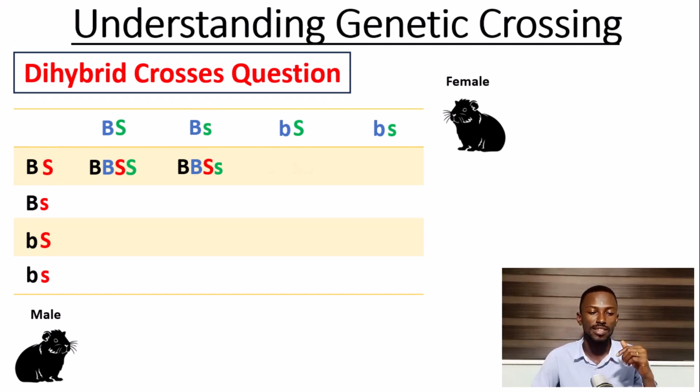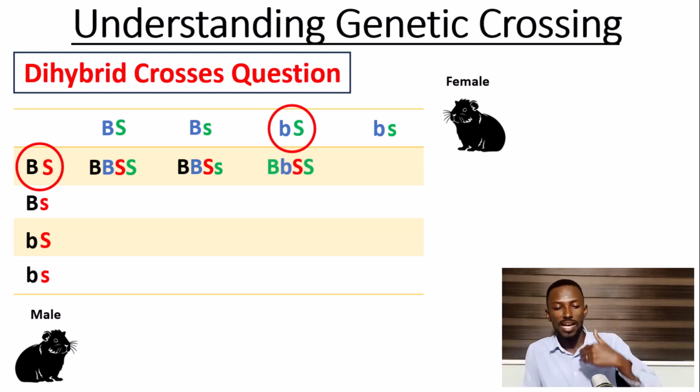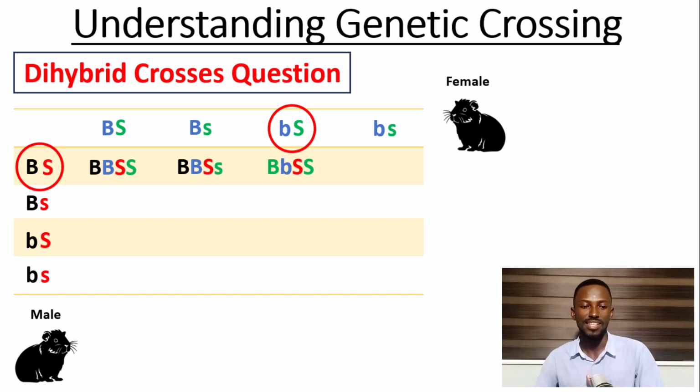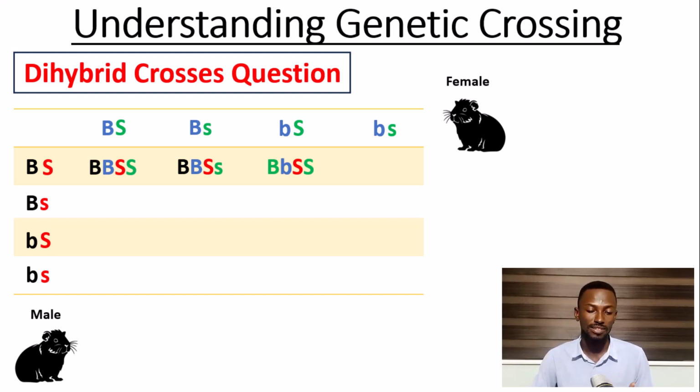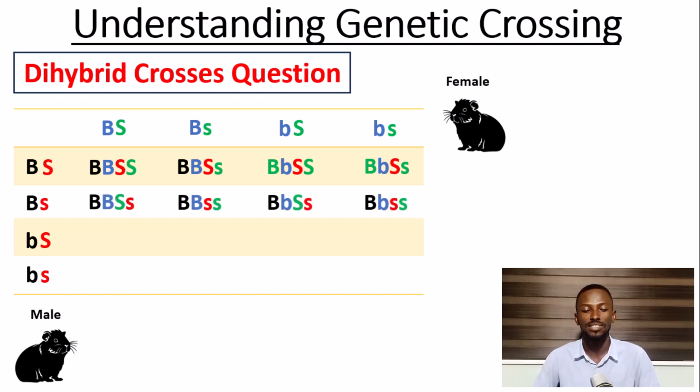When you move to the next, it can be capital B, small b: the male contributed capital B, and the female contributed small b. Or the male contributed capital S, and the female also contributed capital S. With the understanding we've gotten from the first three, can you guess what the remaining will be? Check this out and see.